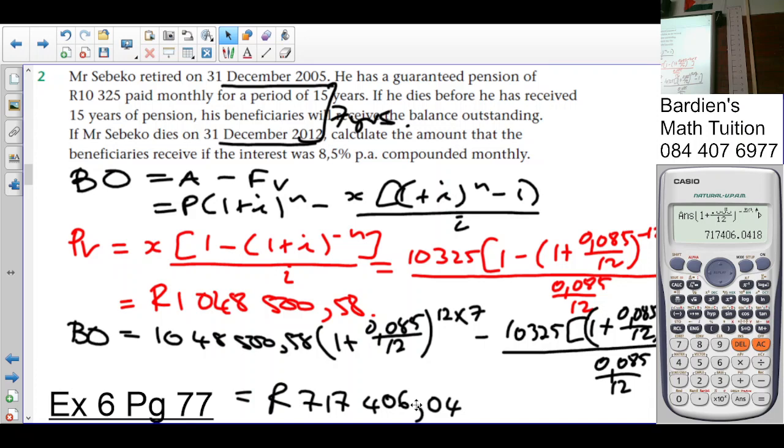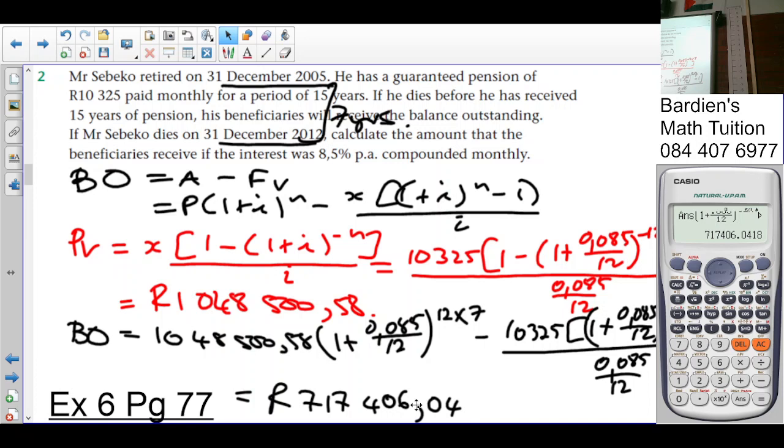We are looking at this from the bank's point of view, the financial institution. You see what happens here is that Mr. Sebeko was actually saving money for the pension fund, not so? We would have used future value if we had calculated the balance from his point of view, not so?